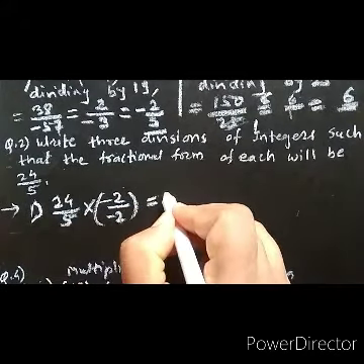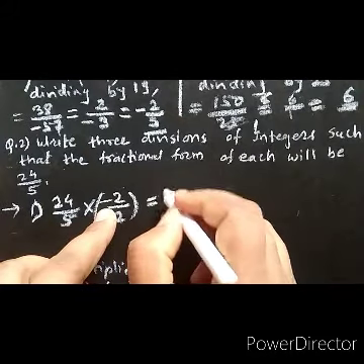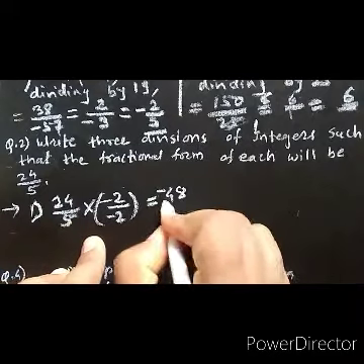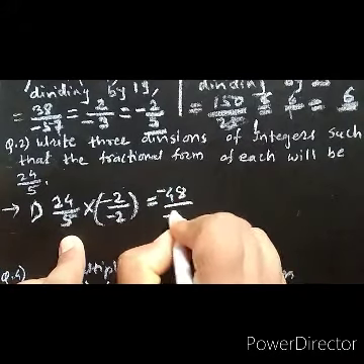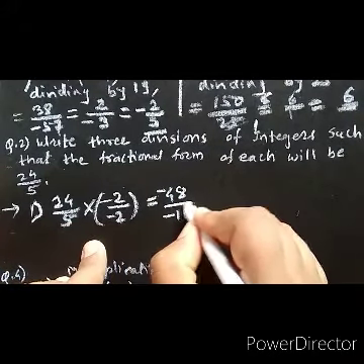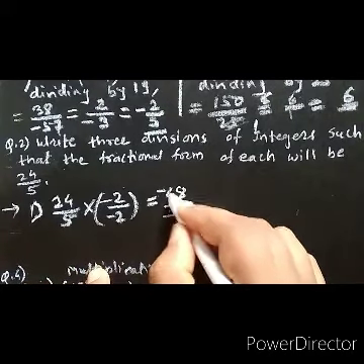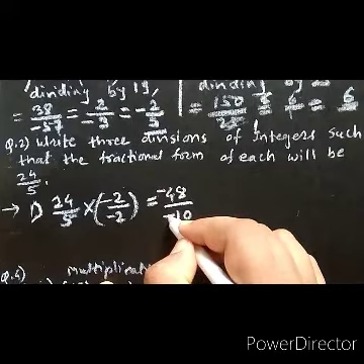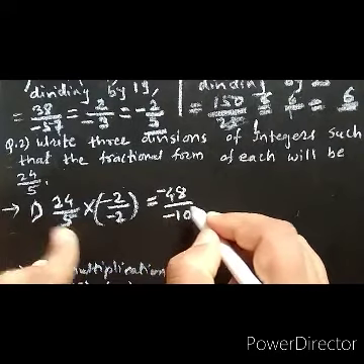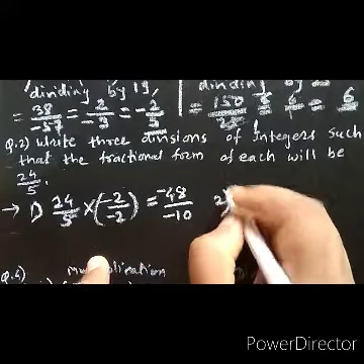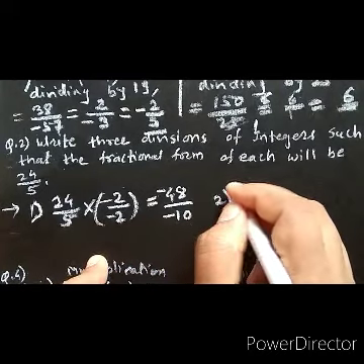So 24 into minus 2 is minus 48, and 5 into minus 2 is minus 10. So minus 48 upon minus 10, a negative divided by a negative gives a positive integer, that is 24 upon 5 after simplification.